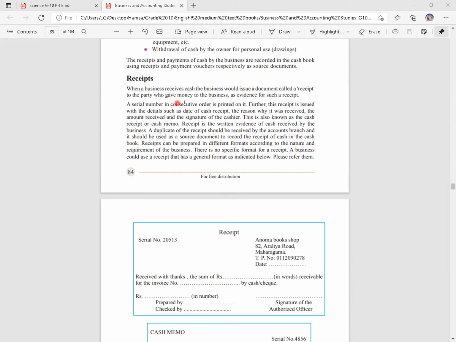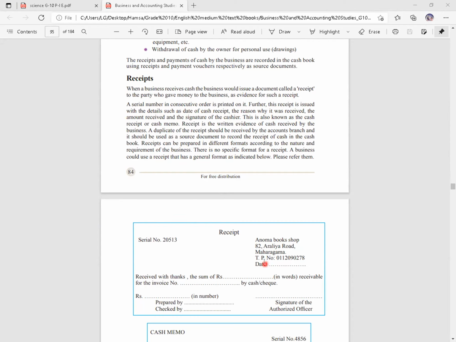A serial number in consecutive order is printed on it. Yes, the receipt will have a serial number, which will help you for your reference. Further, this receipt is issued with details such as the date of cash receipt and the reason why it was received.